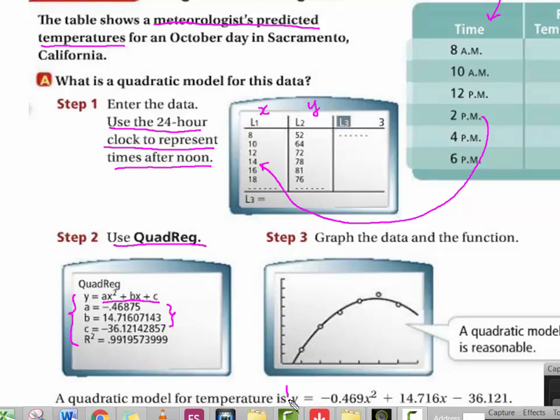So that's how you get this quadratic function, by substituting A, B, and C with the values given to you from your calculator. If you graph it, you're going to have a quadratic model like this. These are the exact points.